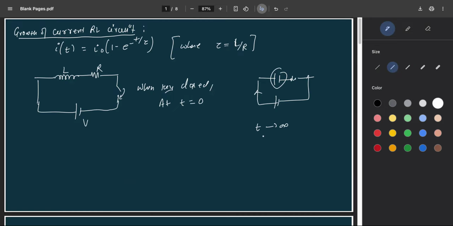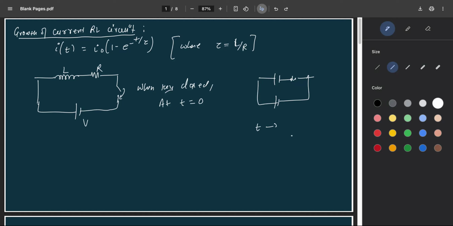So we generally say after a very long time, the capacitor acts as an open circuit. Why? Because there won't be any current flow through the capacitor. Its potential is similar to the source at this stage.